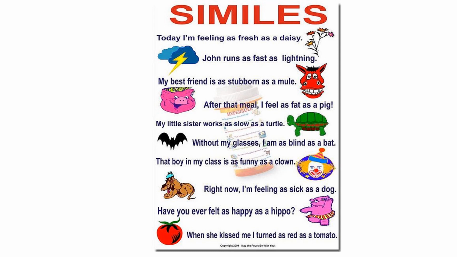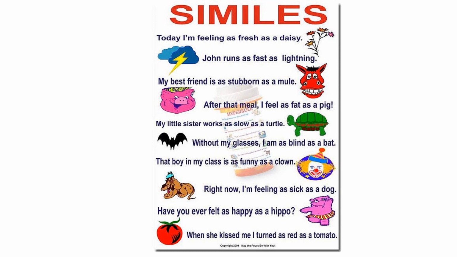Instead of saying John runs fast, or instead of saying I feel fresh today, we can use similes. We're comparing the way John runs to lightning, meaning very fast. My best friend is as stubborn as a mule. We're comparing your best friend to a mule because they're both stubborn.